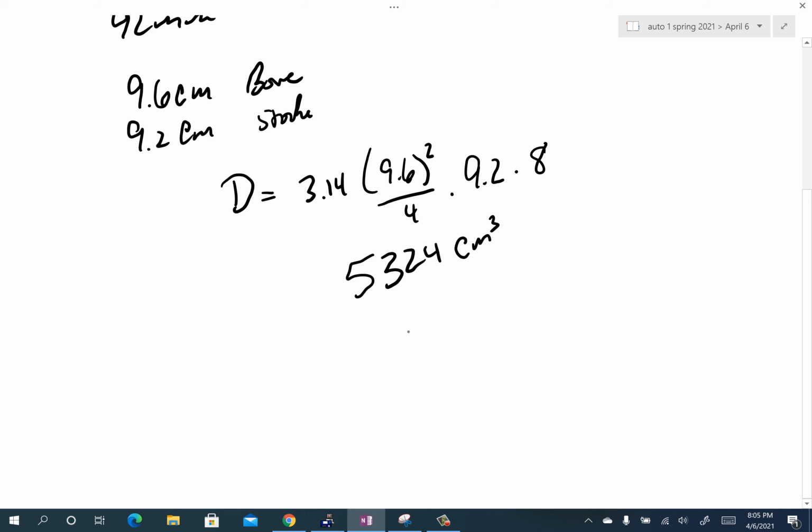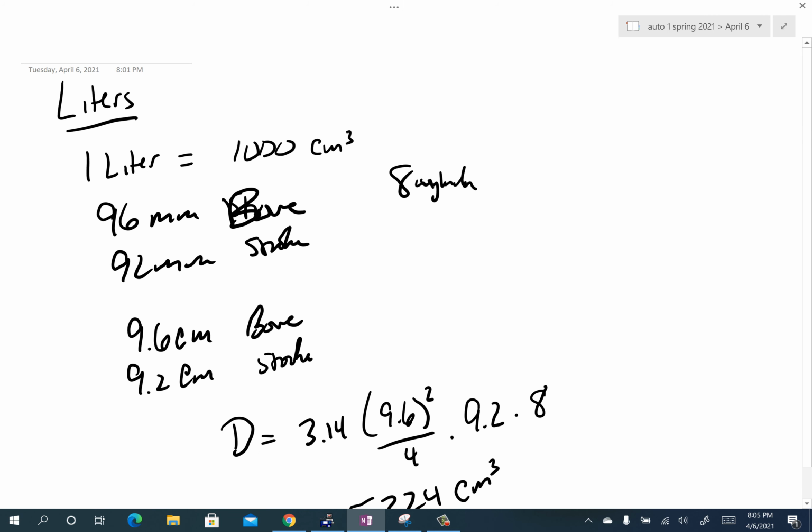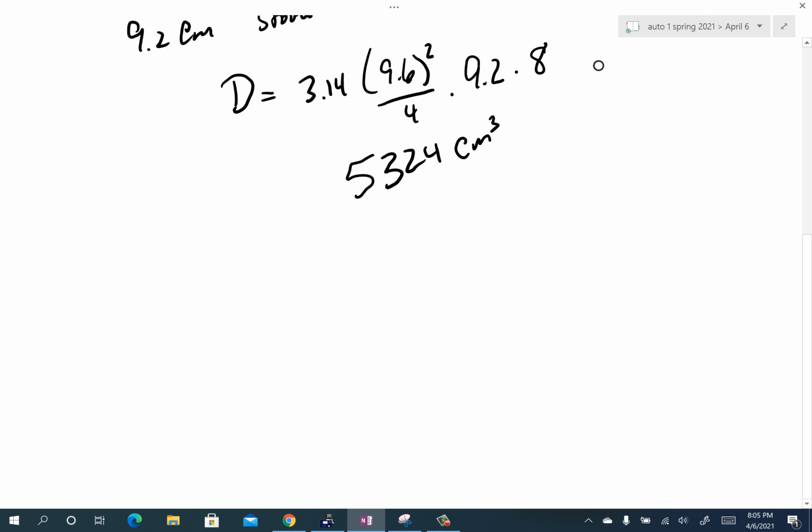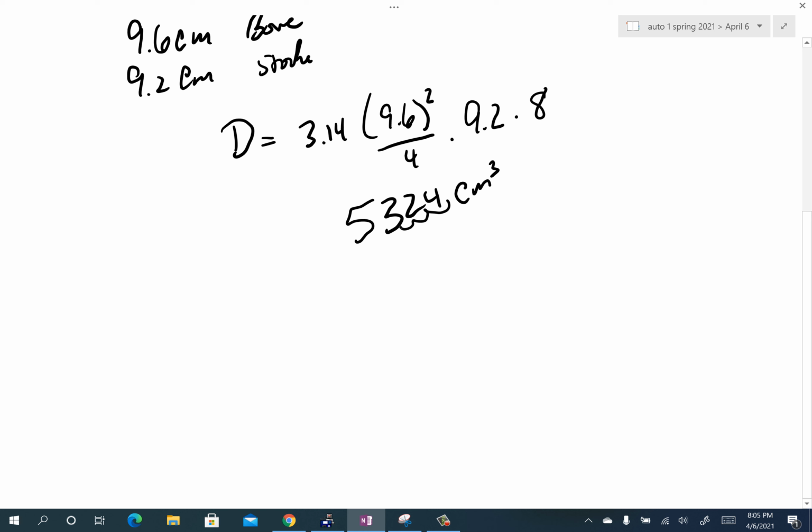Oh, Mr. Groom, didn't you say that 1 liter was 1,000 cubic centimeters? That's right. Watch. 1, 2, 3. So that's a 5.3 liter engine. So in metric, you're going to want to do this.